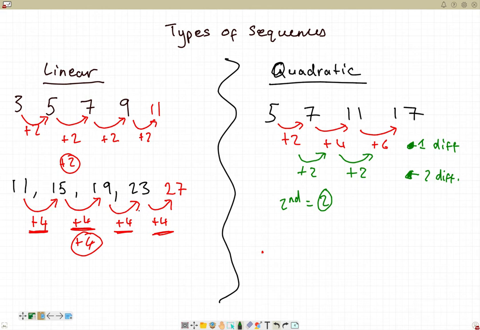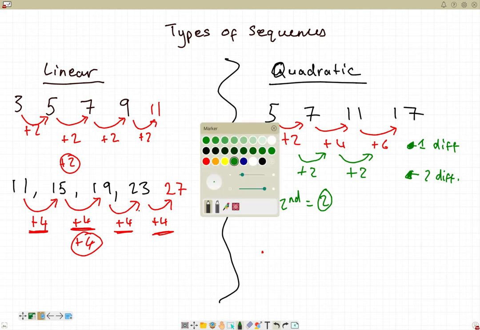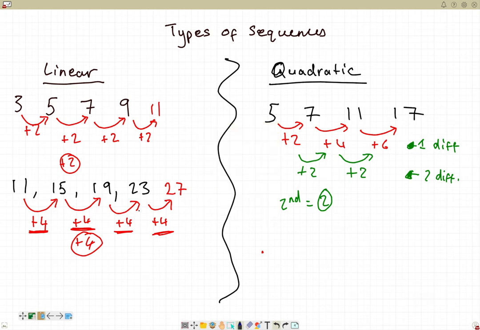Okay, so now if I want to find the next term of this sequence, I know I need to add, so I need to add something here to find out what it is. I plus 2 to 6, so plus 2 to 6 to get plus 8. So 17 plus 8 gives me 25.